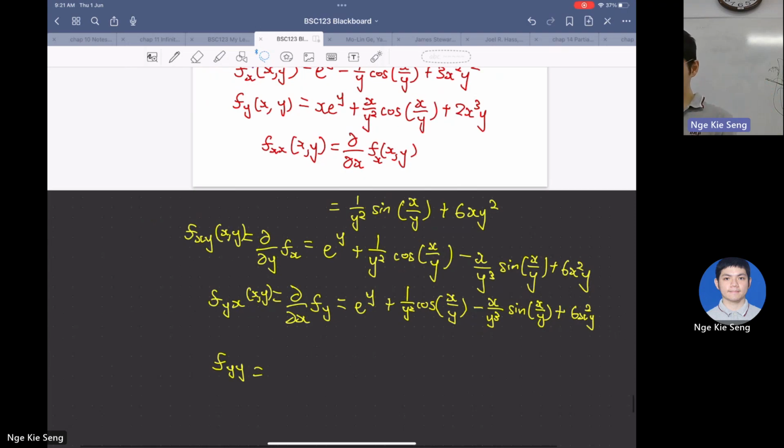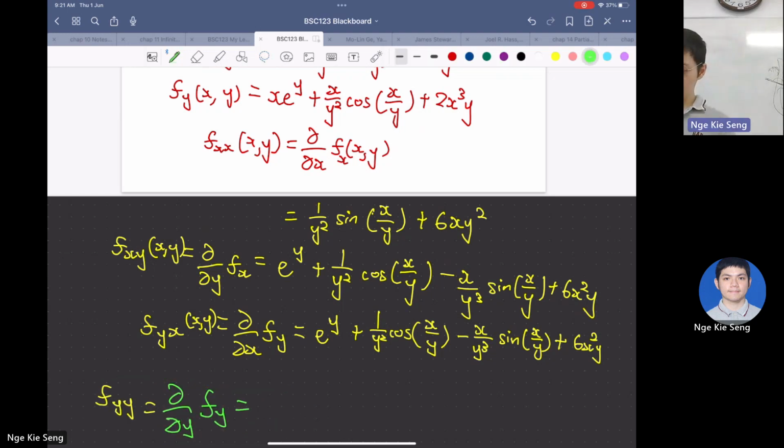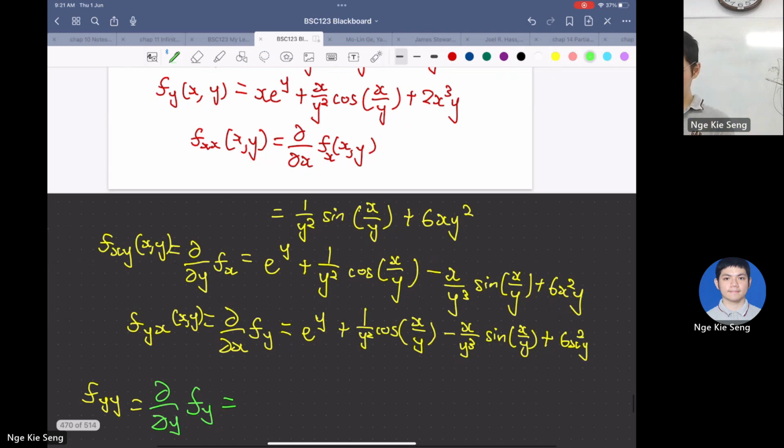Okay. So what is fyy in this case? You differentiate fy with respect to y again. So what do you get? You will get x e to the y plus what?